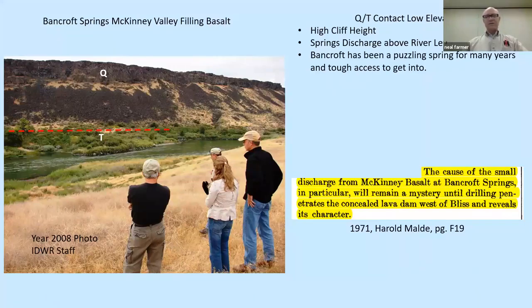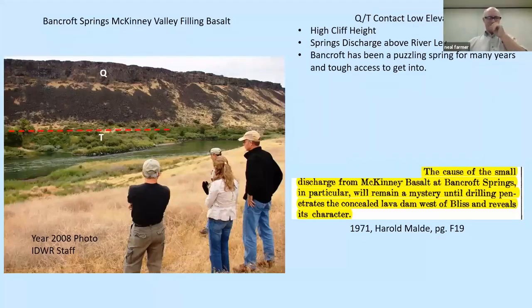It's only about 17 CFS, measured by Kilstrom back in, I think, 71. And so it's like, well, if this is a real low QT contact and very permeable in the base, how come we don't have a Niagara Springs or Clear Springs or these large discharge springs coming out at Bancroft, and why is it just a piddly little 17 CFS? And so it's a tough one to deal with.